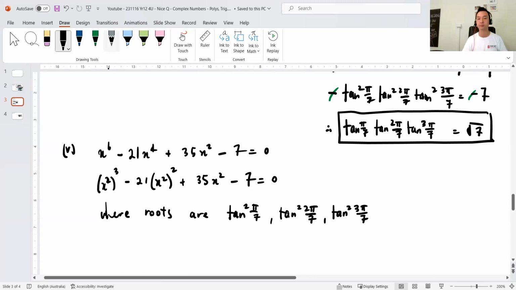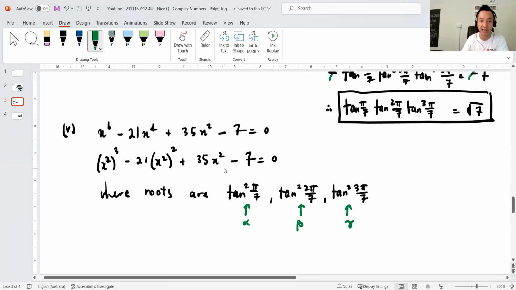I can say that because upstairs I got that 2 of the roots together are tan squared, so tan squared should work because tan pi on 7 should be a root. So this is like alpha, this is like beta, this is like gamma. So instead of a power of 6, I'm now dealing with a cubic.